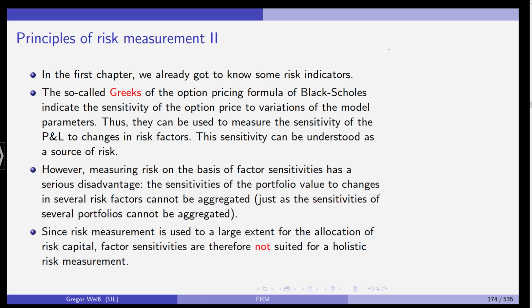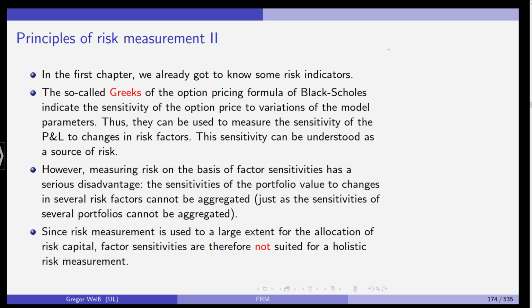For example, the option delta measures the sensitivity of the option price to a change in the underlying stock price. So that could be a risk metric. Thus, they can be used to measure sensitivities of the P&L to changes in these input parameters of the Black-Scholes formula. The question is whether a metric that measures sensitivity is a good risk metric. And we'll see, well, it's not really.